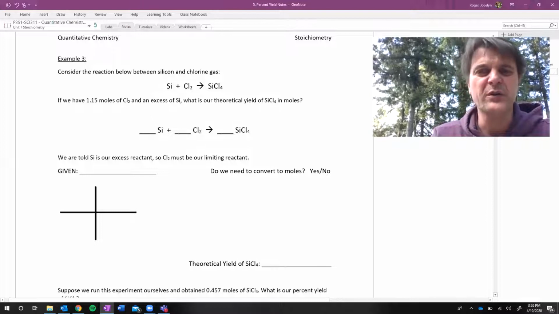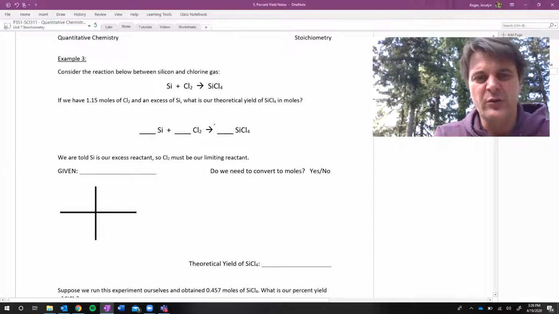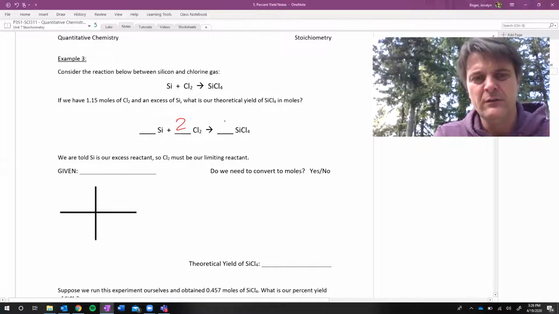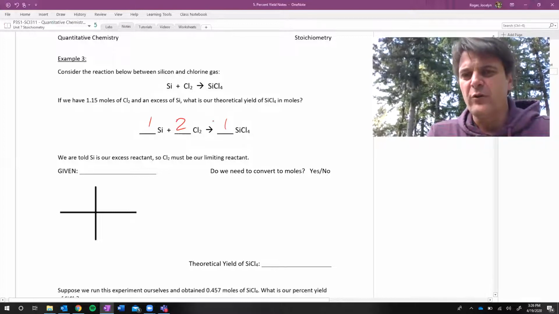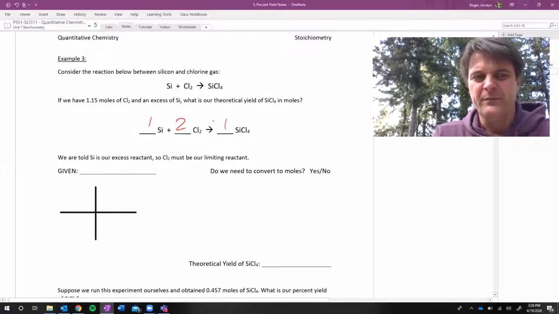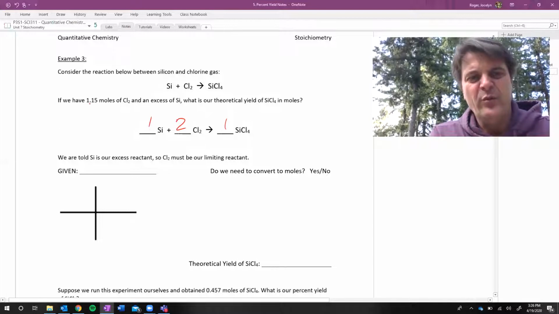Of course, the first thing we do every time is to balance the reaction. And so we're going to need a 2 in front of the Cl2 to balance the 4 chlorines on the product side. So here it says that we have 1.15 moles of Cl2 and an excess of Si.